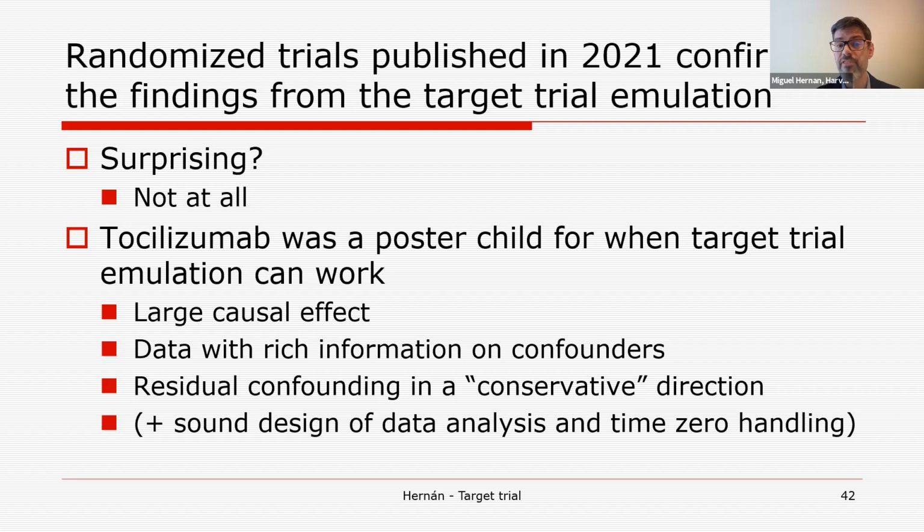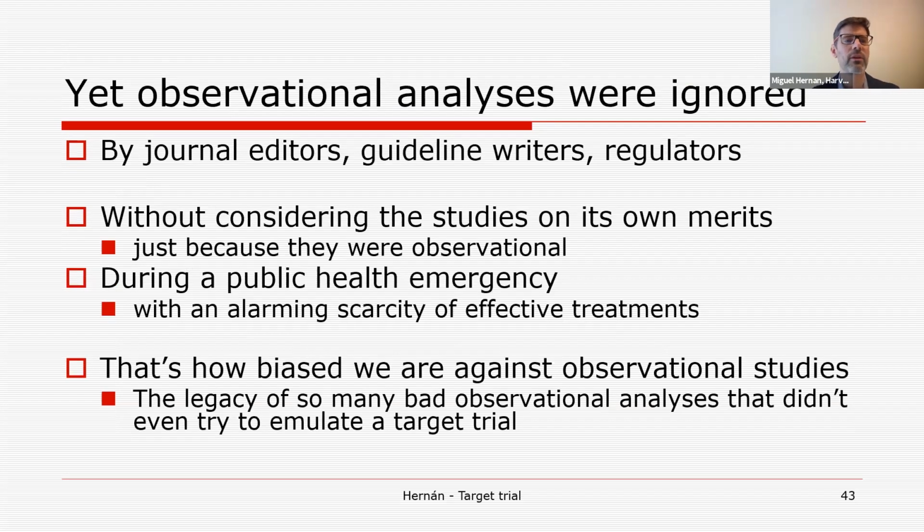So if it doesn't work for tocilizumab, if we cannot trust target trial emulation for something like toci, I don't know if there is hope that people will ever trust target trial emulation for anything else. In this particular case, journal editors, guideline writers, regulators, they ignored the observational analysis.